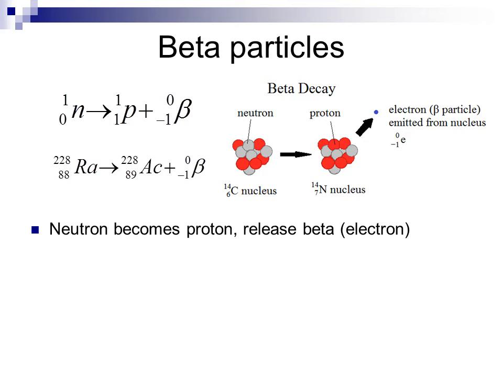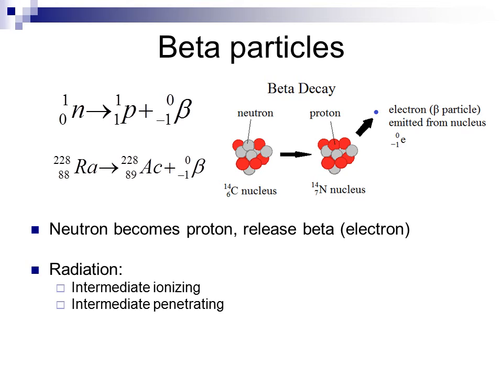If we add 228 and 0 on the right-hand side, we get the 228 of the radium. And if we add 89 and negative 1, we get the 88 of the radium. Now the radiation of a beta particle is intermediate in its ionizing power and intermediate in its penetrating power. So it's moderate in its ability to do damage and moderate in its ability to get through.